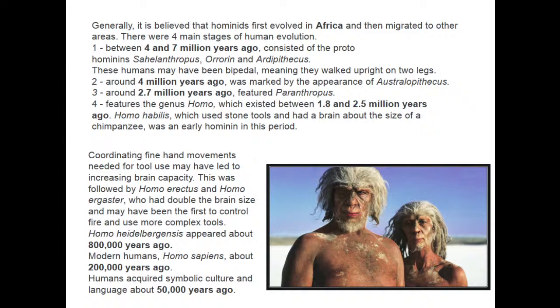The third stage, around 2.7 million years ago, saw the appearance of Paranthropus. And the fourth, which was between 2 and 3 million years ago, saw the appearance of Homo sapiens.